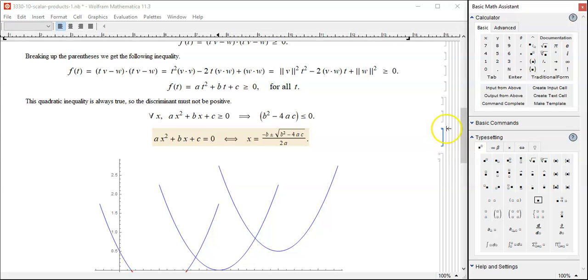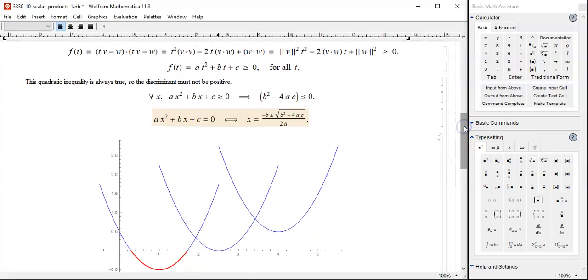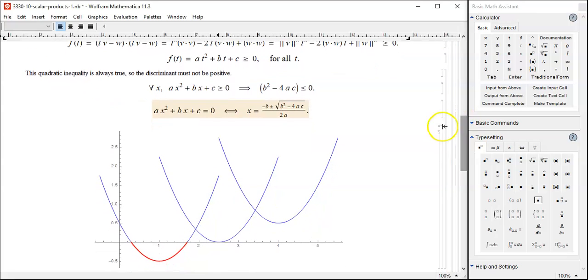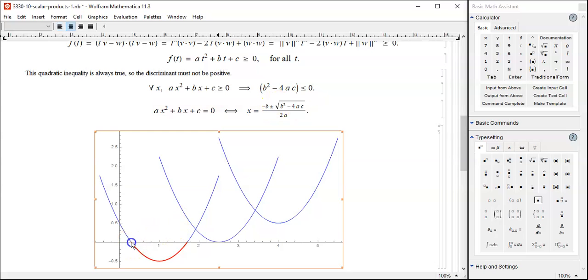Does everybody recall this? The quadratic formula. And plus or minus square root will give you this and that.